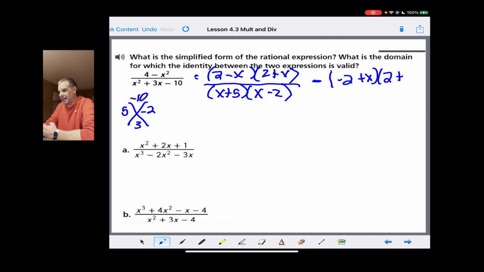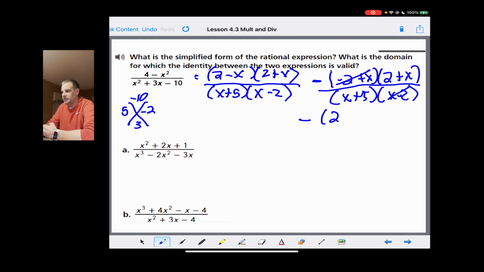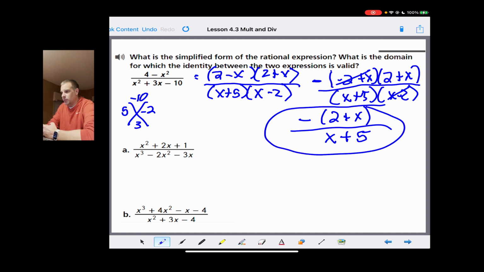And then I still have that 2 plus x, because I only have to distribute this negative into one of them because of the multiplication. Then x plus 5, x minus 2. Now these two things are equivalent to each other. So your solution to this is the negative of 2 plus x over x plus 5. That's the simplified form of this.